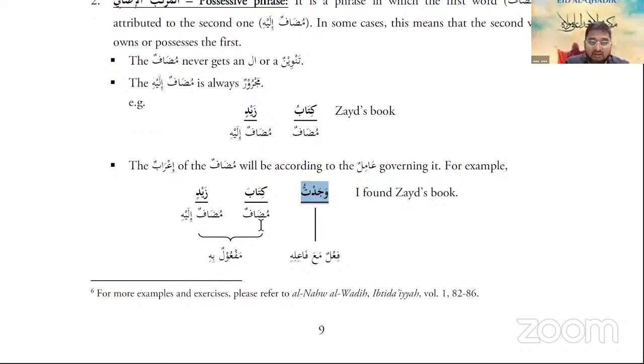And Zaidin is mudaf ilayh. So kitab is mudaf, and it's also maf'ul bihi. So mudaf and mudaf ilayh are situated in the place of being the object for the verb wajadtu. Does that make sense?